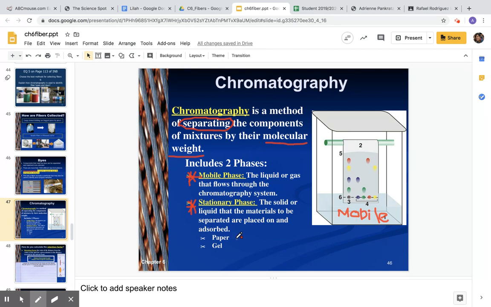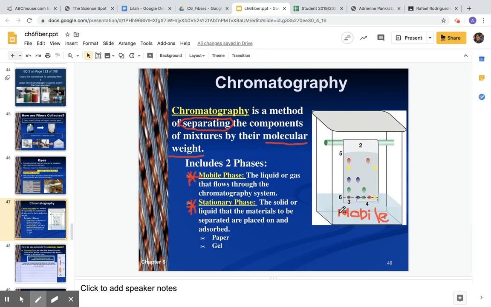Because I can't get back onto campus, we're going to be doing this with a coffee filter tomorrow. If you want to do this for extra credit, you can. But if we had been in class, we would have been using a gel in what's called thin layer chromatography. But paper works just as well. This is going to be a coffee filter for us tomorrow. So this filter is our stationary phase. Why is it stationary? It's not moving. It's going to be still the entire time.